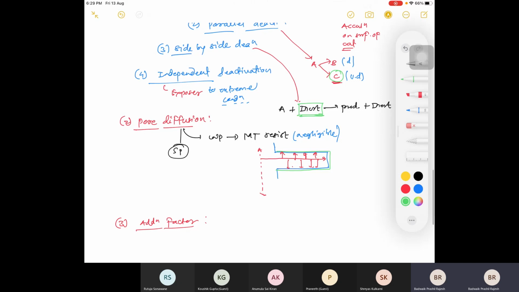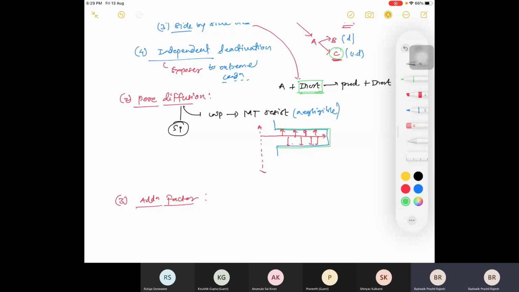In case of strong pore diffusion resistance regime, if this is a surface of a pore of catalyst, this is my reactant which is flowing over this surface. It cannot penetrate to a longer distance inside the pore; it will stop up to this. So it will block this periphery, and here it will block the entire pore.